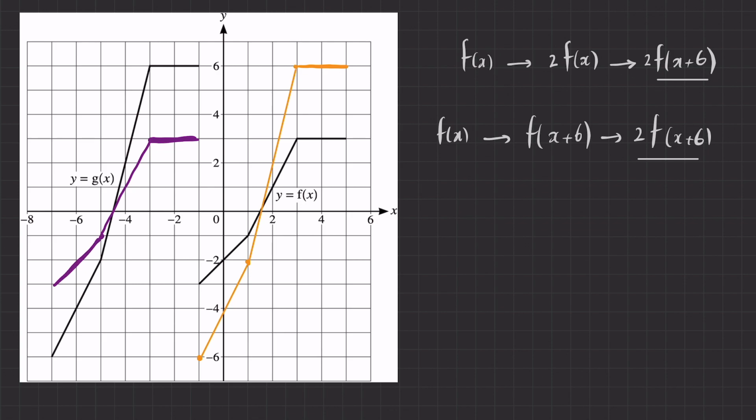So if I first shift 6 units to the left, I get this purple graph, and then I multiply by 2, so this purple graph will overlap exactly on this graph. So it doesn't matter in which order you do it.